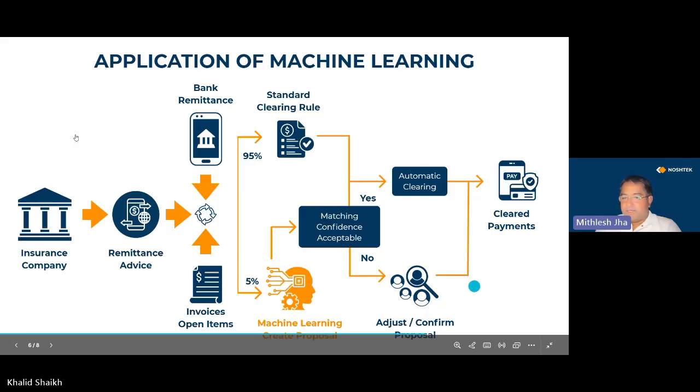The algorithms work based on the payment history that we already have in the system, and the information that we receive, for example in the note to pay section, or in emails or correspondence. If we are able to find those invoices and the confidence level is higher, it can still follow the automatic clearing rule, and the payment will be cleared.